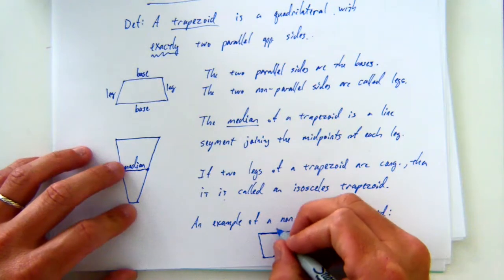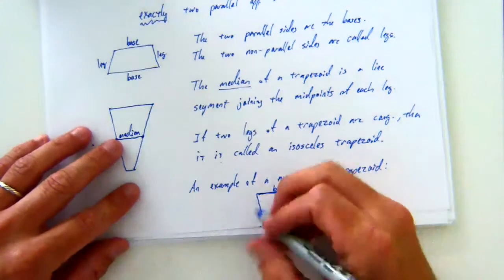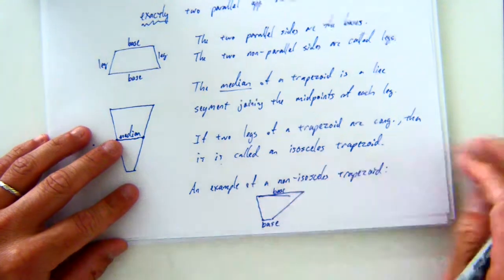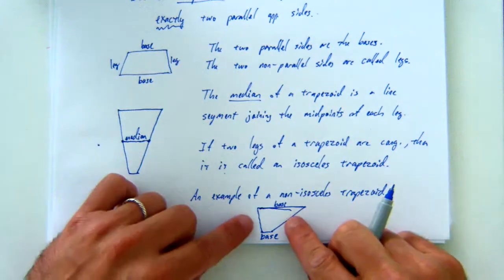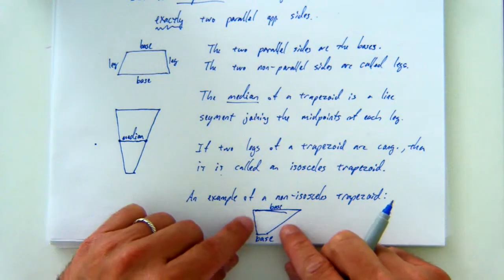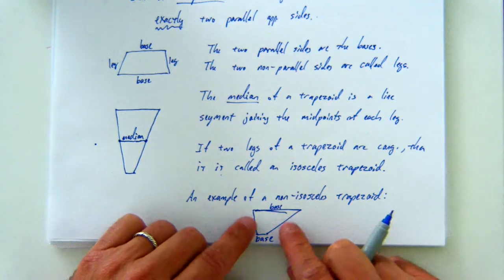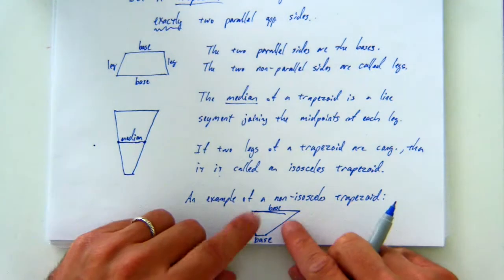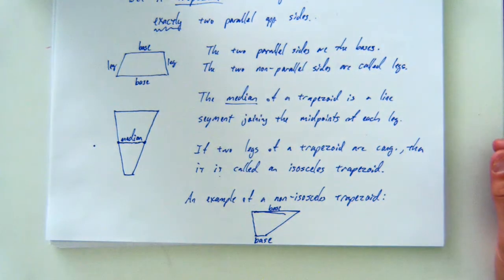Again, this is a base, this is a base. Running out of room. We'll say that this line segment is parallel to this one. So these are my legs, and it's pretty immediate that these legs are not congruent to each other, so this is an example of a non-isosceles trapezoid. So we can have things that look like this, we might be accustomed to thinking of things like this.